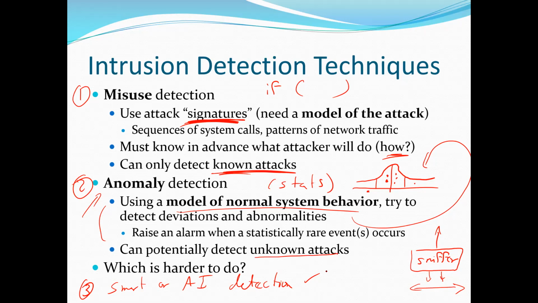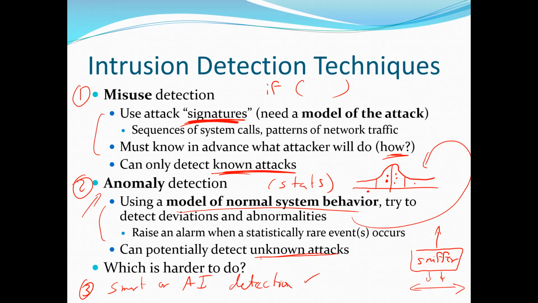That's where this becomes valuable, because misuse only detects known attacks, whereas this one could detect unknown attacks, sometimes referred to as zero-day attacks. Anomaly detection is a technique that exists for other applications too, but certainly here you can see how it could fit in.